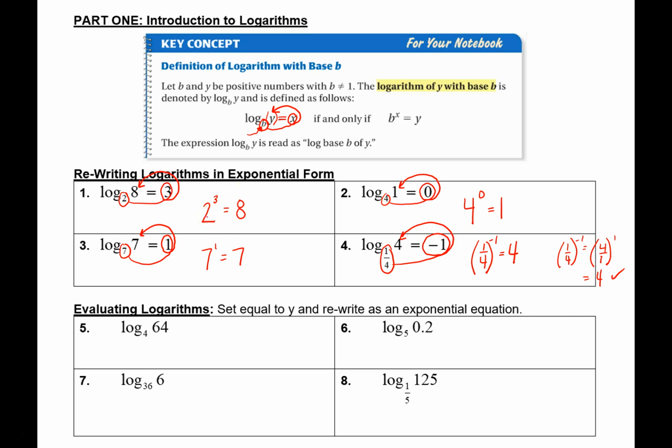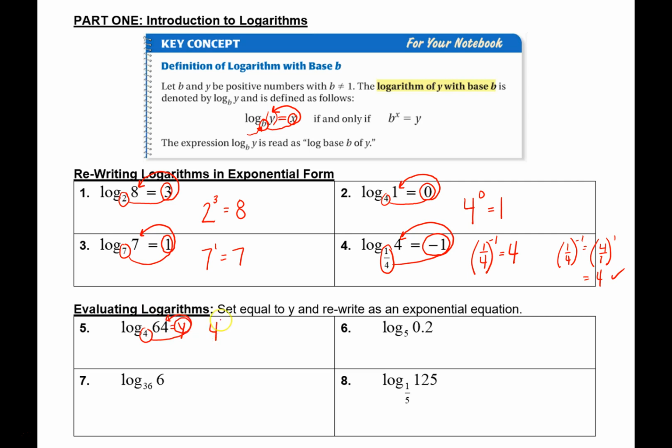Okay, so now let's look at evaluating. When we need to evaluate a logarithm like log base 4 of 64, we're going to say, okay, let's say that's equal to some variable, y. And then we're going to use that rewriting. 4 to the y power is equal to 64.